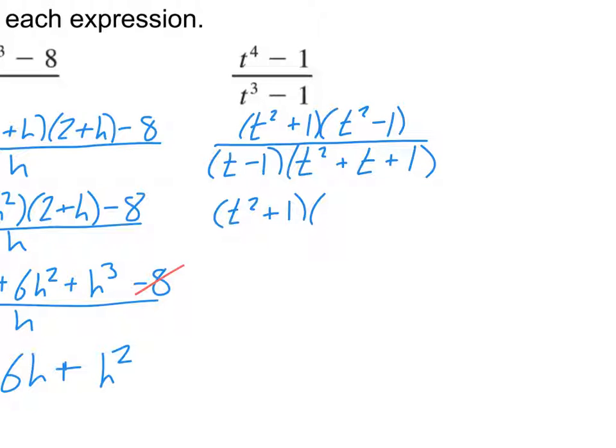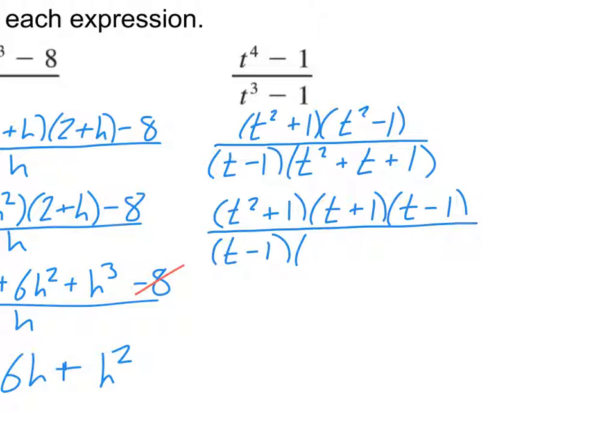But t squared minus 1 can become t plus 1 times t minus 1. On the bottom, the t minus 1, and then the t squared plus t plus 1, does that factor at all? No, afraid not. So that's plus t plus 1.